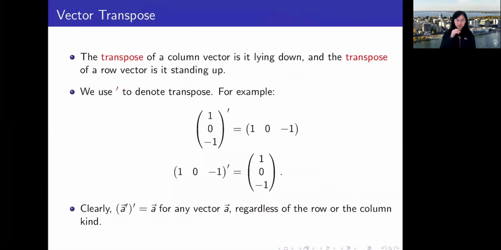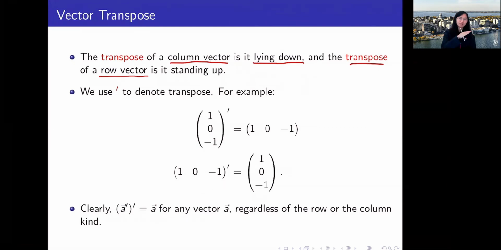So what is vector transpose? The transpose of a column vector is the vector lying down, and the transpose of a row vector is the vector standing up. So we have a vertically arranged bunch of numbers, that's a column vector. If you lay it down, that becomes a row vector, and that row vector is the transpose of the column vector.